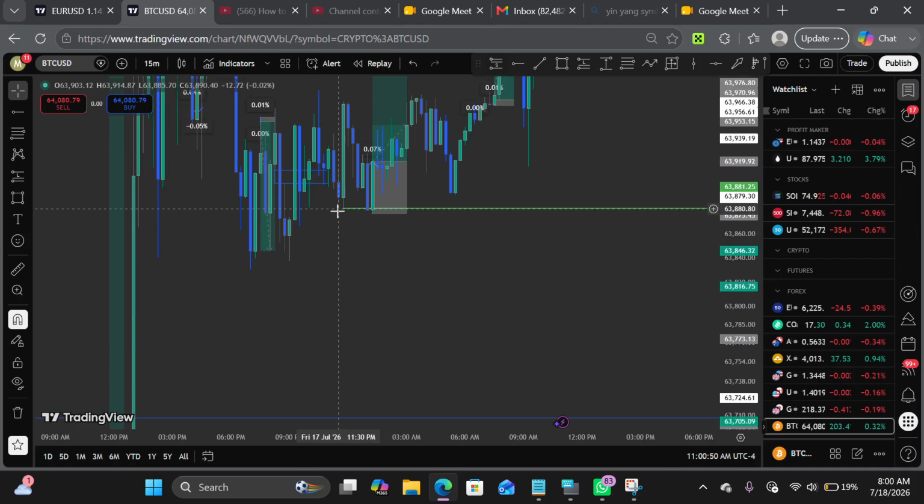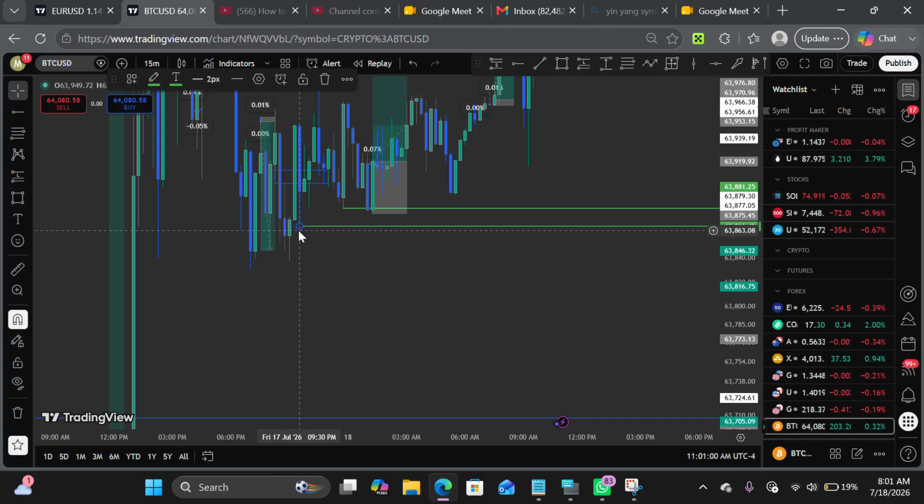This was a liquidity point right here, and you can also identify other liquidity points, just like this one right here and this one right here. Let me see if that's actually a liquidity point. Yeah, and this one right here.